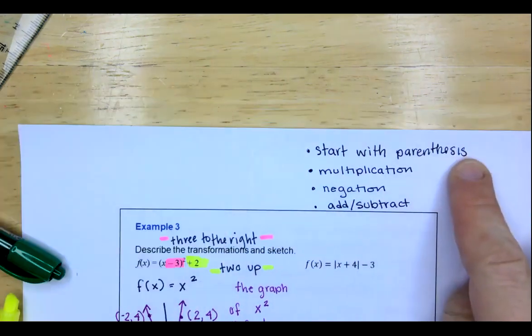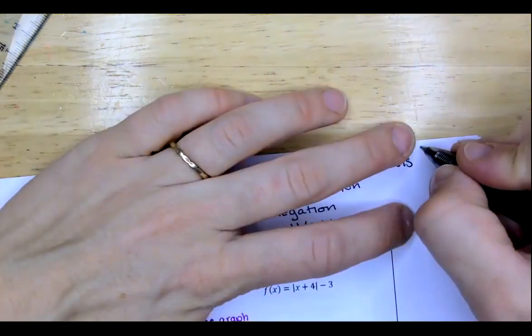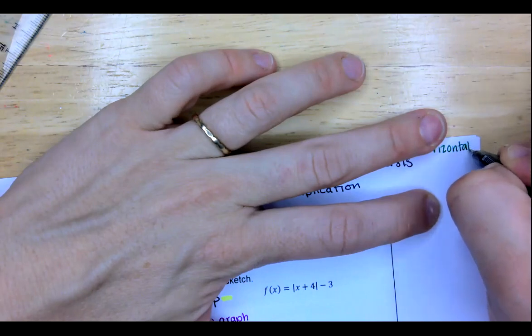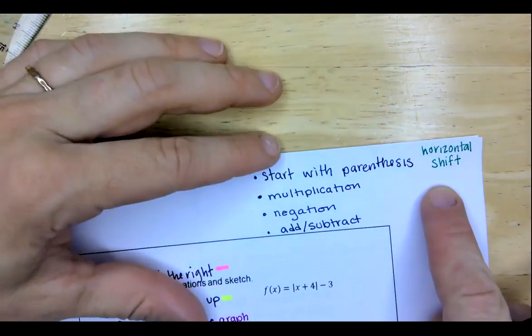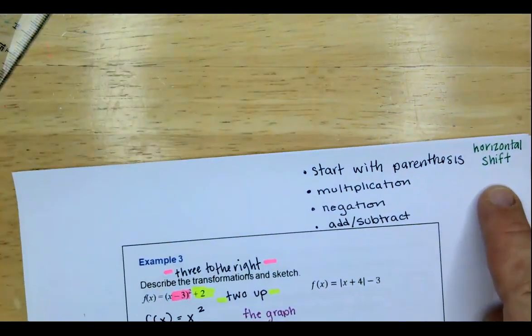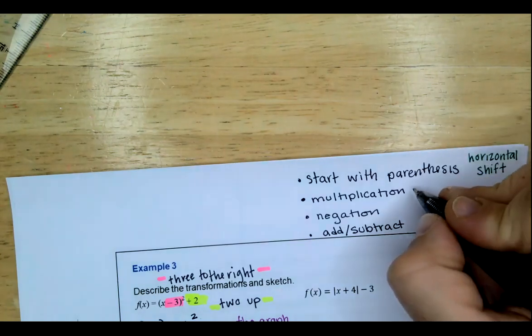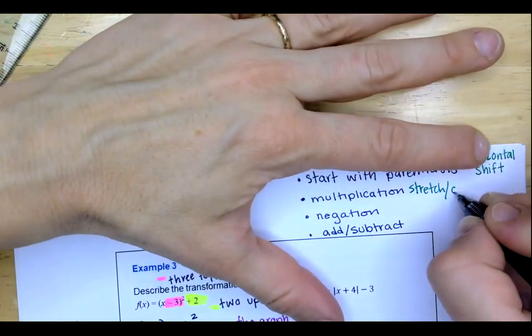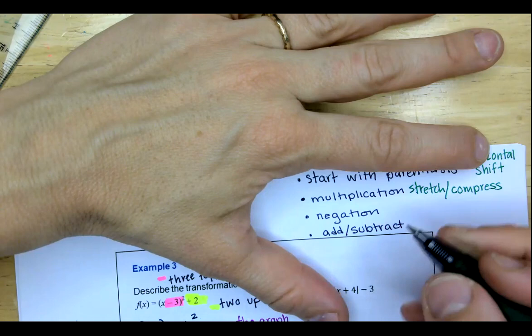So start with parentheses, which means horizontal shift, first. Then multiplication is going to be your stretch or compress.